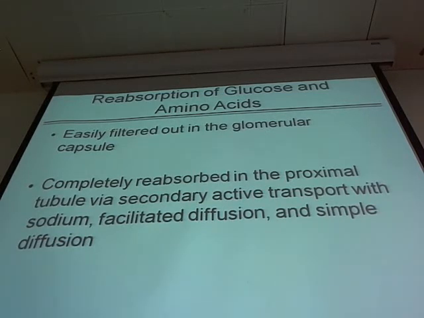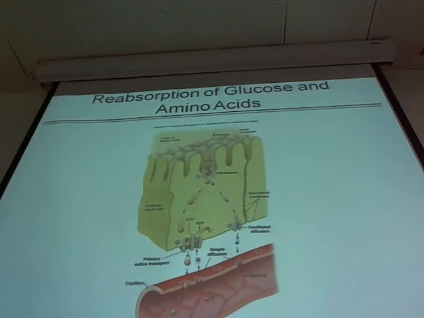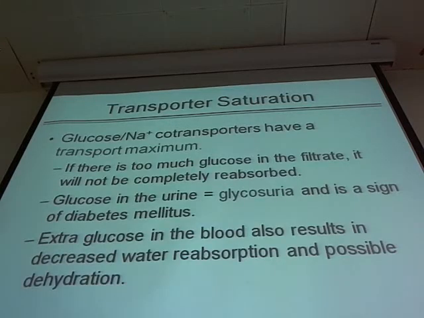Remember what secondary transport is: it pulls one molecule in, another molecule is attached to it. Glucose and amino acids take place in the proximal tubule, through secondary transport. Yes.